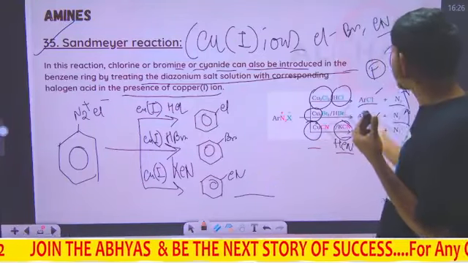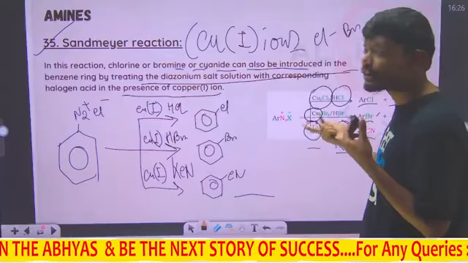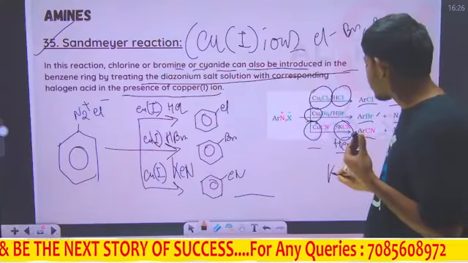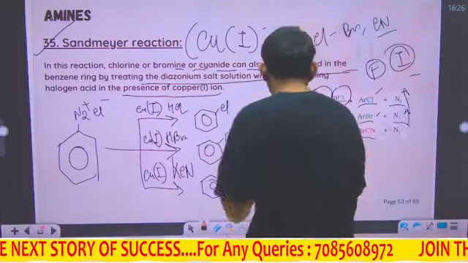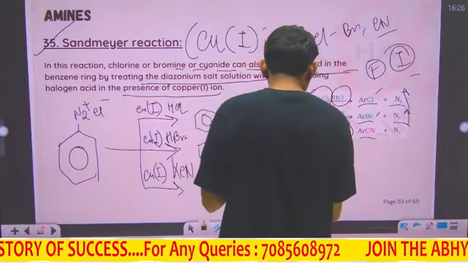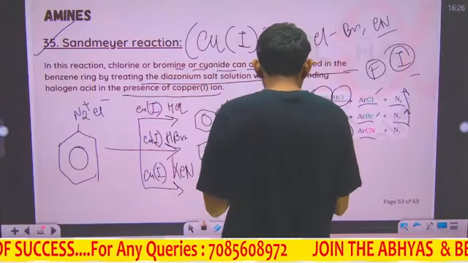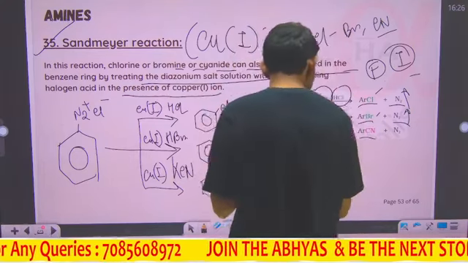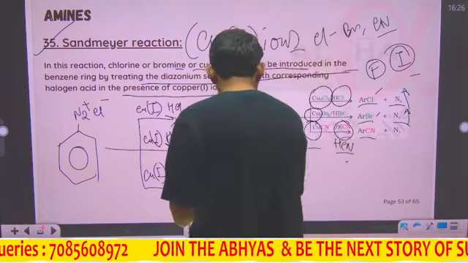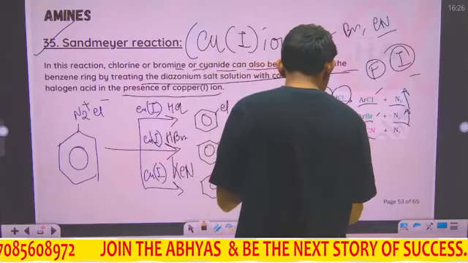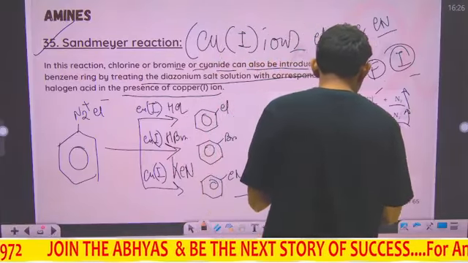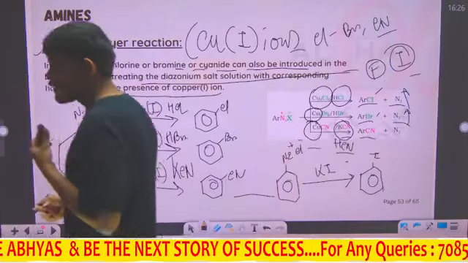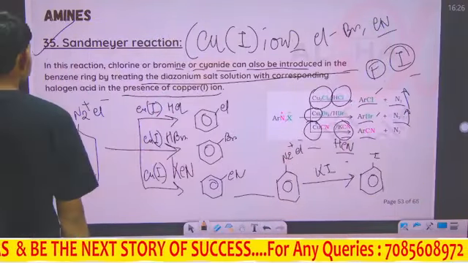You have fluoroboric acid for that, and for iodine, if you want to add iodine, just react the diazonium salt with KI. We'll get iodobenzene. And for fluorine, we'll see later on, there is the Balz-Schiemann reaction.